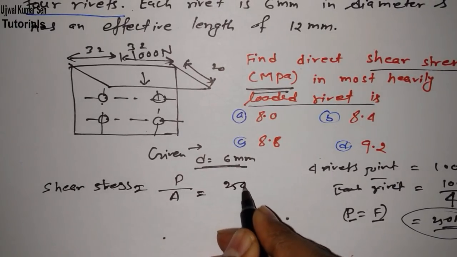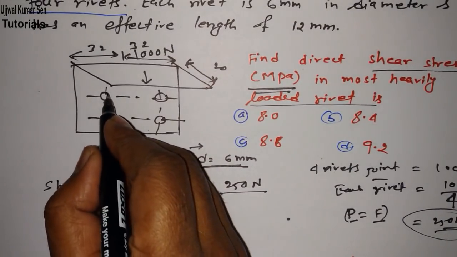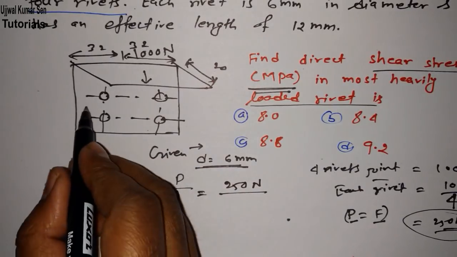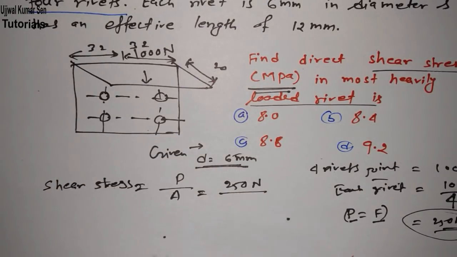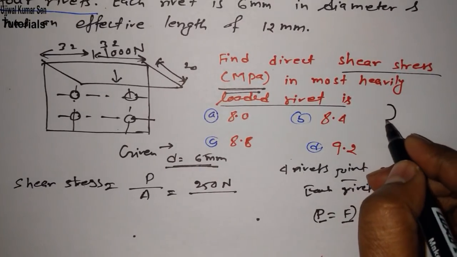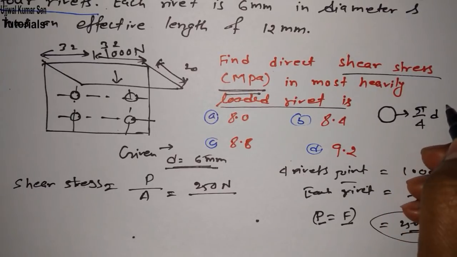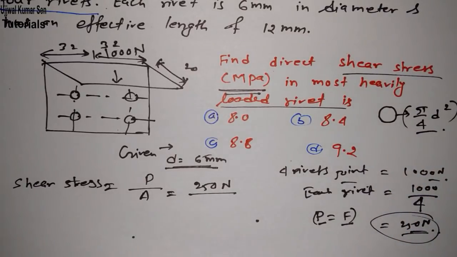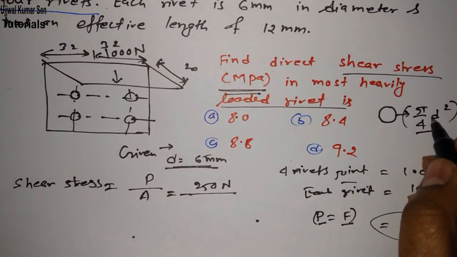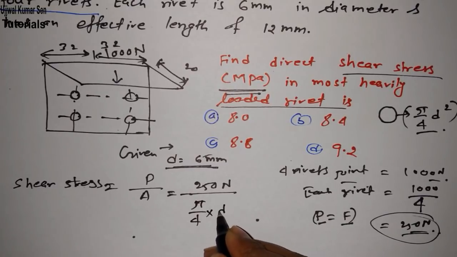So 250 over the area. This is a circular one. If the diameter of this rivet is 6 mm, then the area of a circle is pi by 4 d square. We know this. Then we divide the force by this, so pi by 4 multiplied by d square.